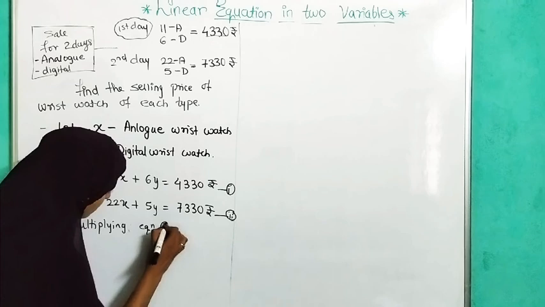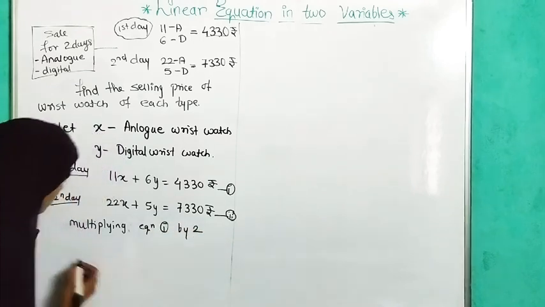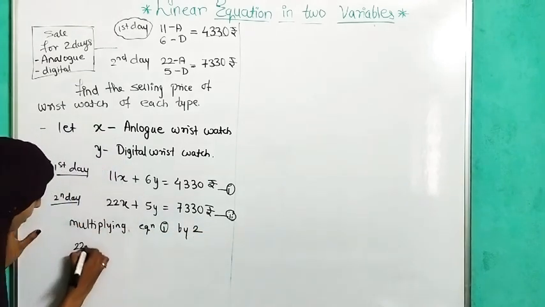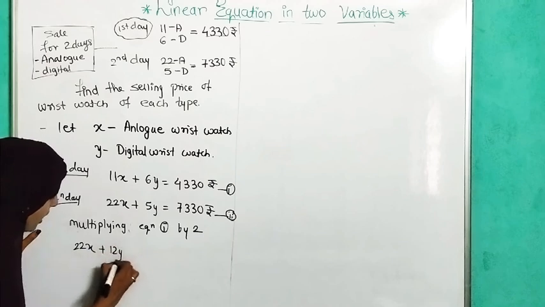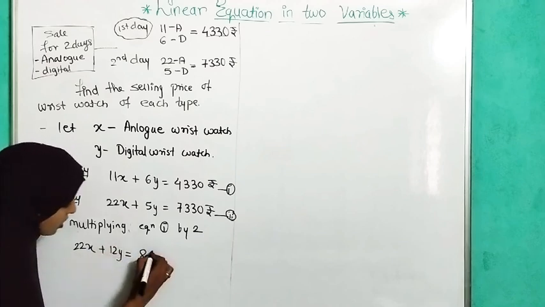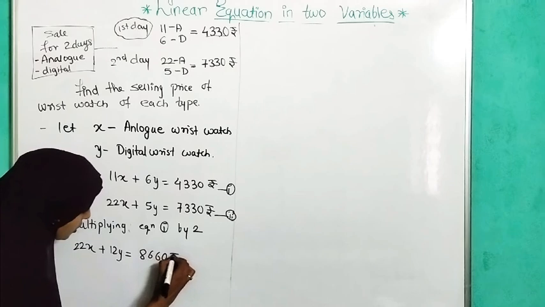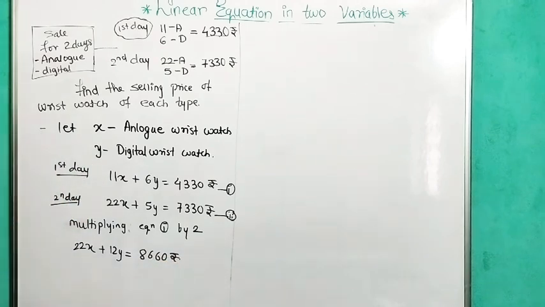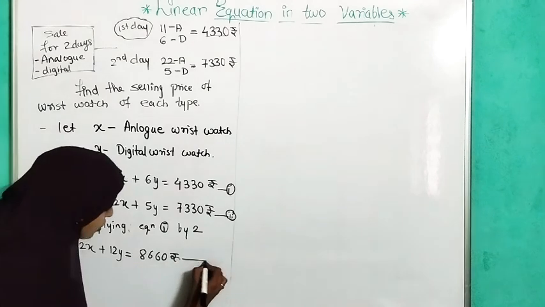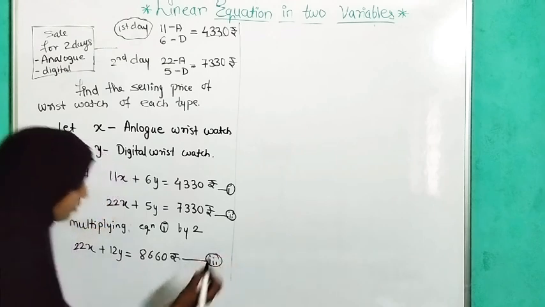So multiplying equation 1 by 2, we get 22x plus 12y is equal to 8,660 rupees. This is equation 3. Now we are going to subtract equation 2 from equation number 3.